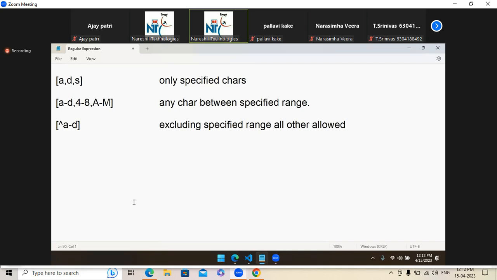And in this, what is the problem? If I write \D, that means it will be only a number, how many digits? 1 digit. If I write A-Z, it is only 1 alphabet. How do you mention quantity? For 4, I have to write \D 4 times. Instead of that, actually we have quantifiers.